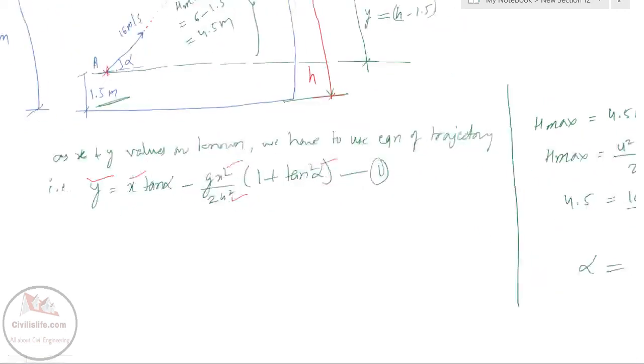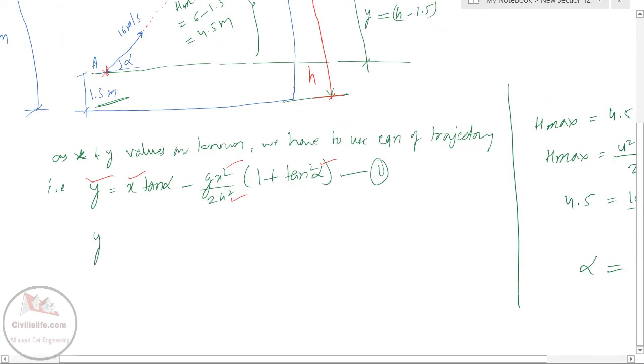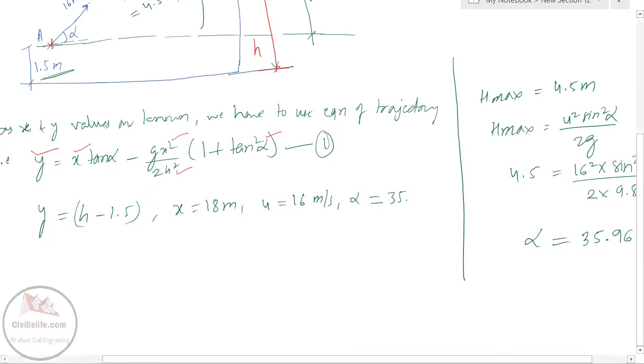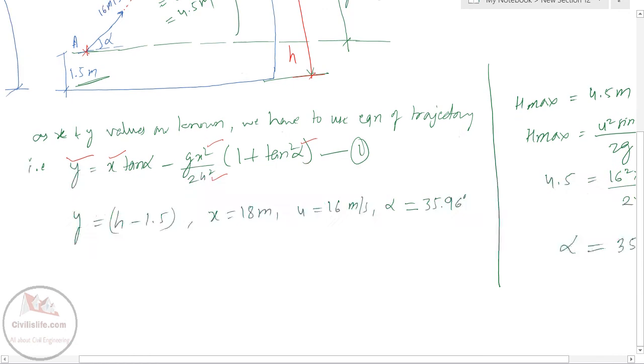So now all the values are known to us. y is h minus 1.5, x is 18 meter, u is 16 meter per second, and alpha is 35.96 degree.